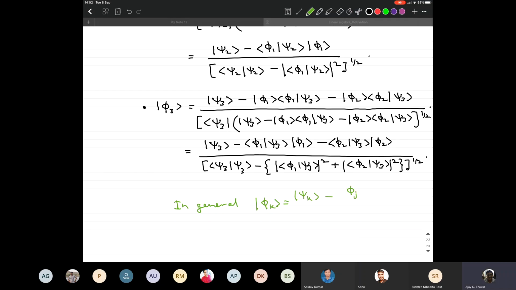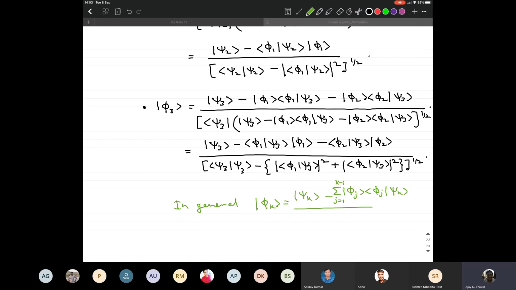So basically phi j acting on psi k and sum it over j equals to 1 to k minus 1. So that is what you would do.